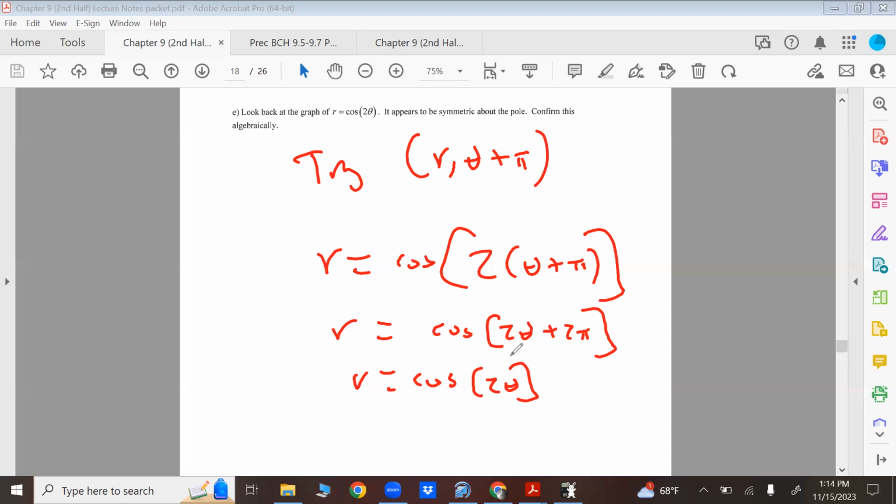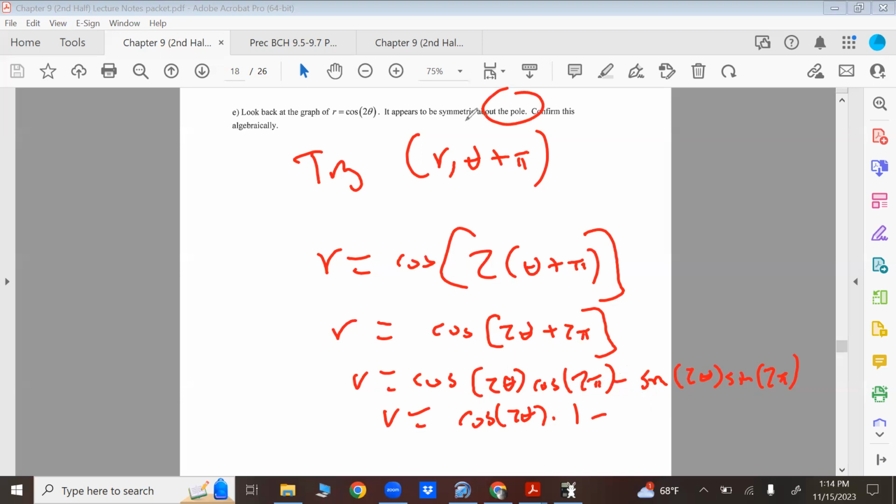Or if you want to do the sum difference formula, you could. About the pole.